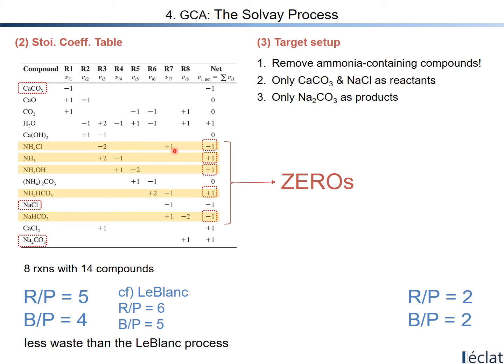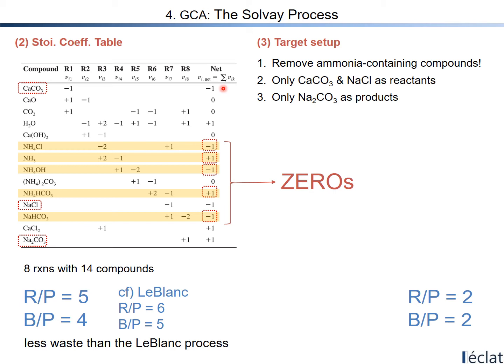So the net summation of ammonium chloride is -1. It means ammonium chloride should be added into the reactors as a raw material.